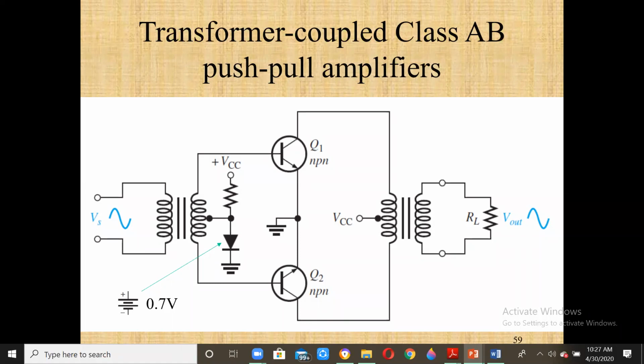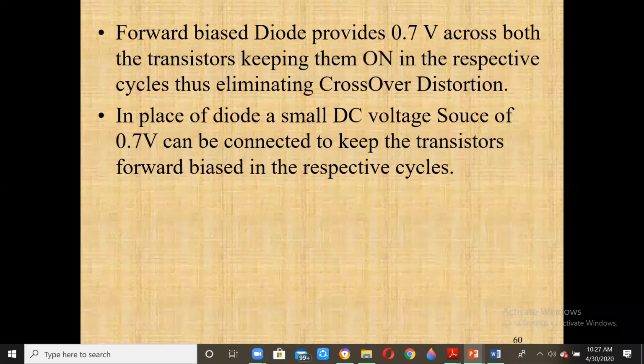There is a crossover distortion in class B, which we have already seen. Now because of the diode, or a small signal source of 0.7 volts, the VBE of both Q1 and Q2 will keep the transistor on during the cycle in which it is supposed to operate. That's the only job, thus reducing the crossover distortion.